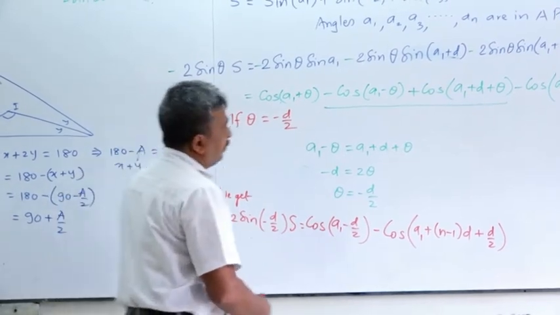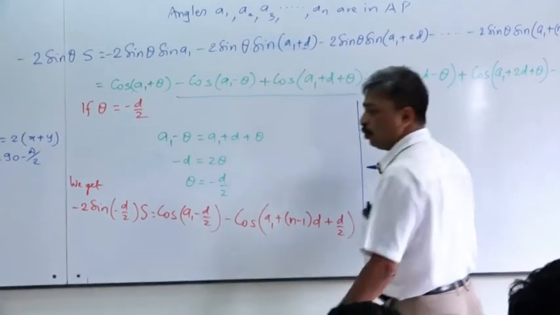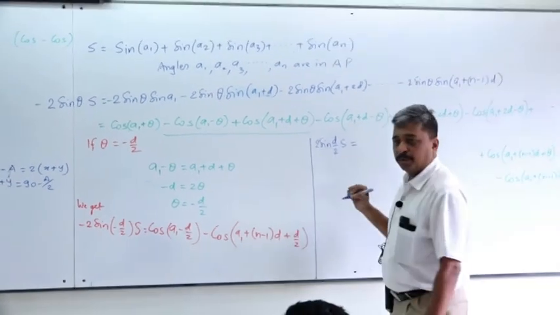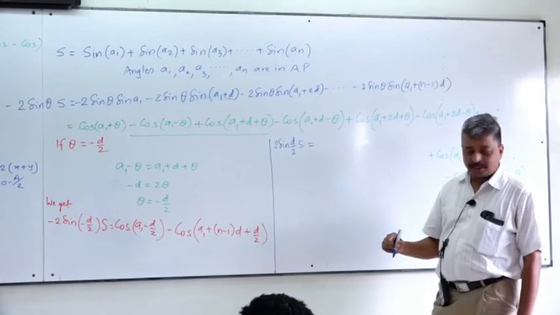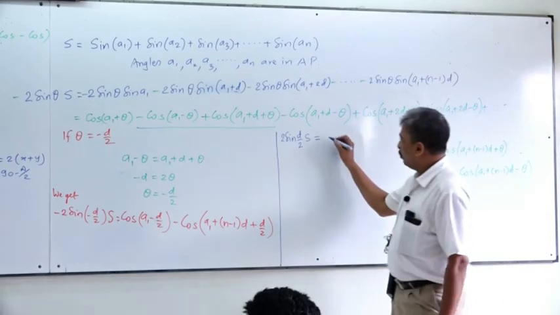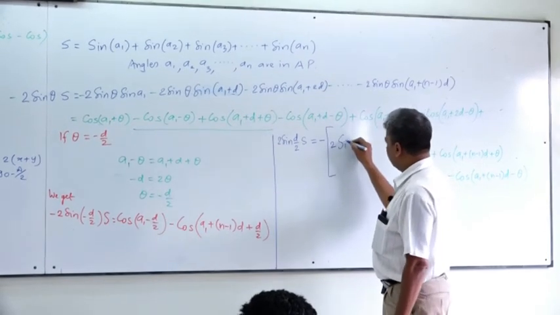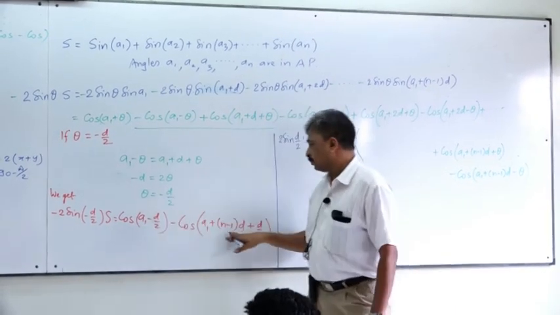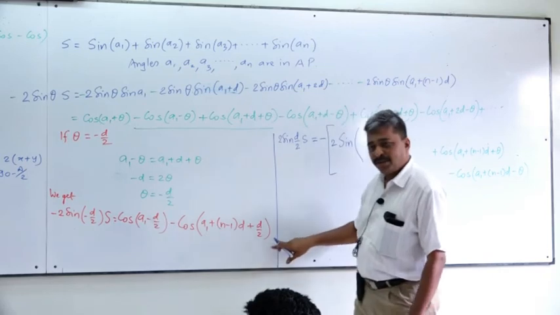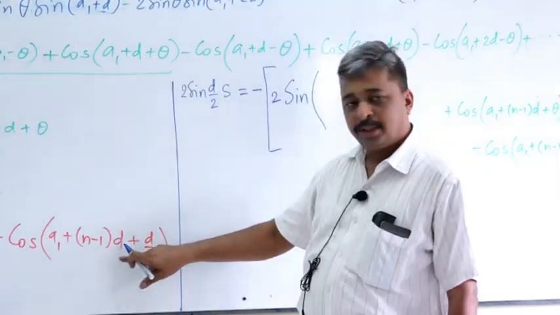So the cos formula is available, let me apply it. So what is this now? This minus d by 2 comes out, therefore 2 sin d by 2, 2 sin d by 2, S is equal to cos minus cos is minus 2 sin. So minus 2 sin of the summation of these two. Now this d by 2 is getting cancelled when you add, and it is 2a1 plus n minus 1 into d.